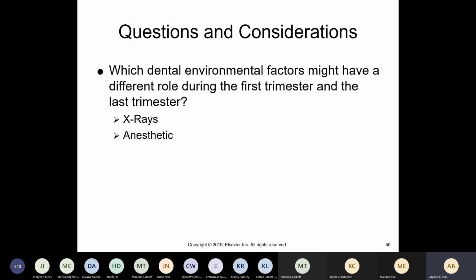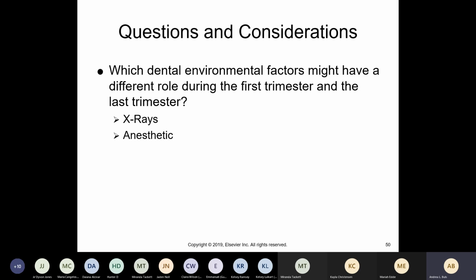So which dental environmental factors might have a different role during the first trimester than the last trimester? The answers are right there in front of you. X-rays and anesthetic. And we talked about X-rays with pregnant women in radiography.